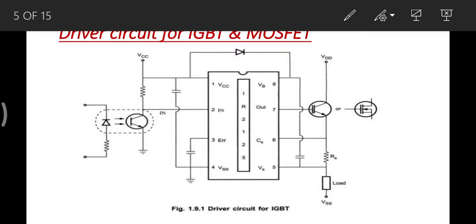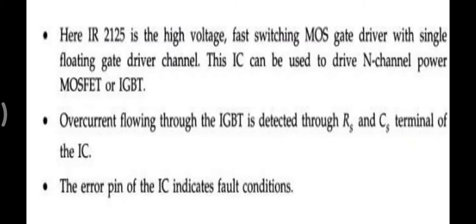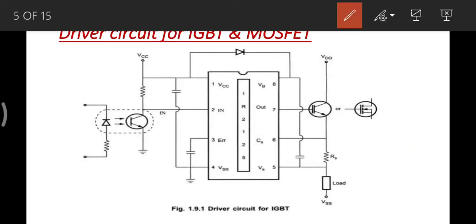Here we are using the 2125 IC. See here, this is an infrared IC. Here we are using a light emitting diode, and this light emitting diode provides infrared rays.